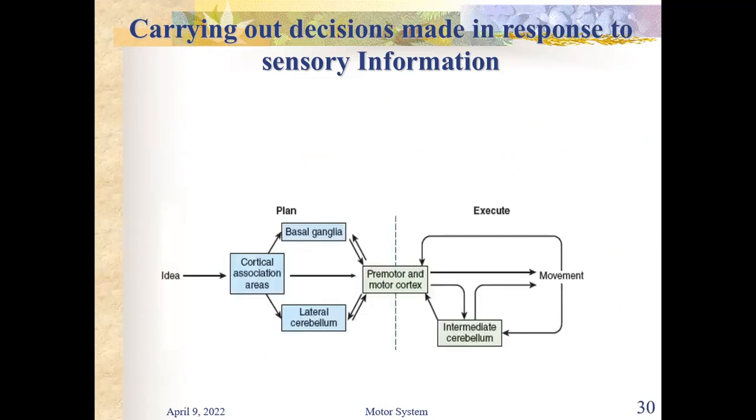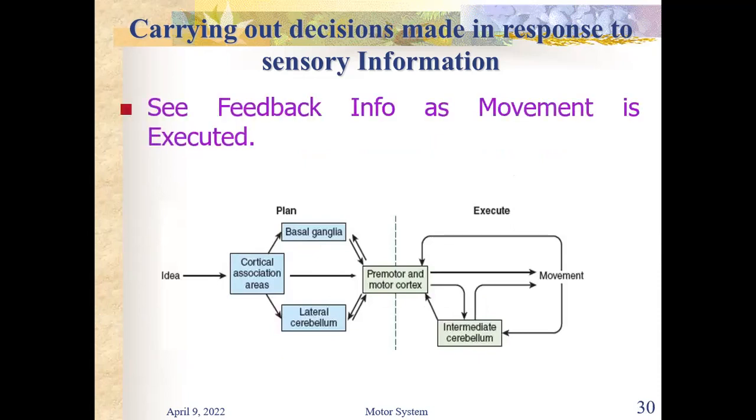Like I've just said, the whole thing is on this slide when we're talking about execution of movement. So once movement is executed, there is always a feedback to the primary premotor and motor cortex, so that if there is any adjustment, the motor cortex will always continue to adjust the executed movement and also compare the executed movement with the intended movement.